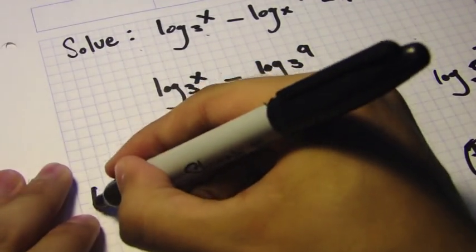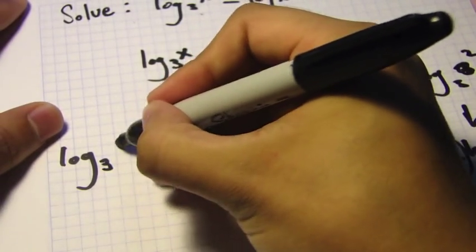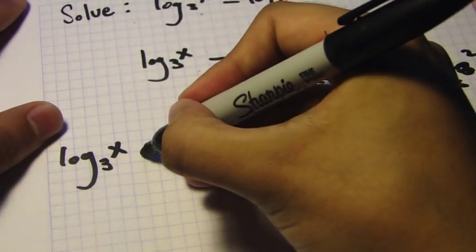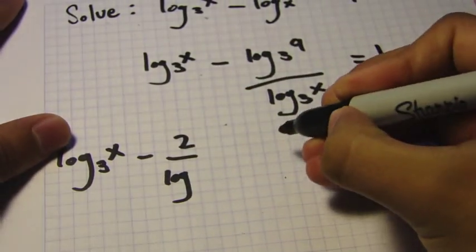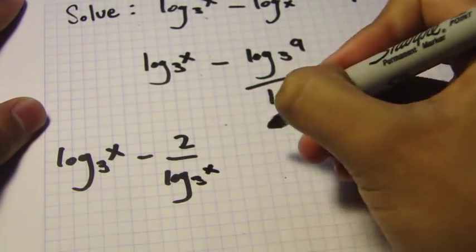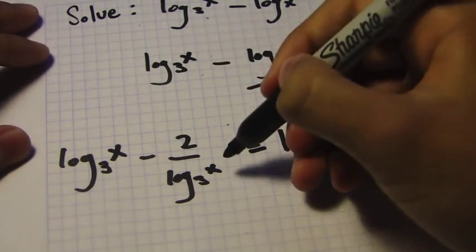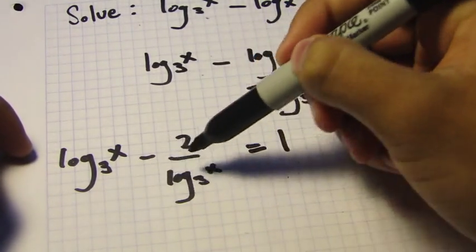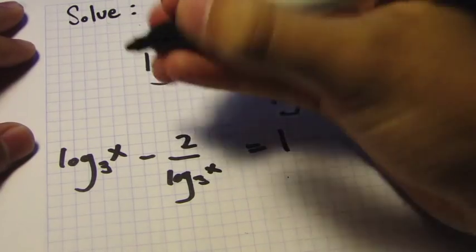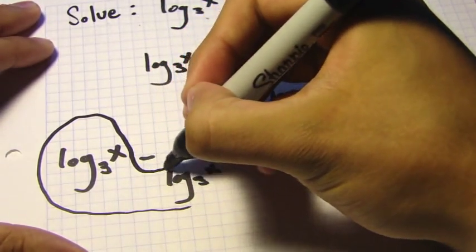So over here we get log base 3 of x minus 2 over log base 3 of x equals 1. Alright, so now here we're gonna have to just multiply this fraction. Like you would with more fractions, you would cross multiply.